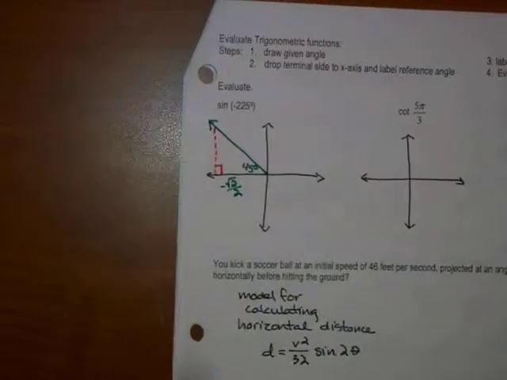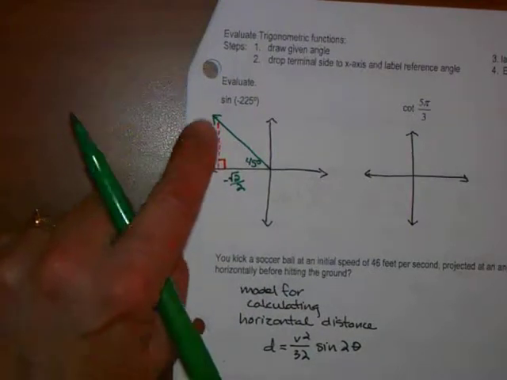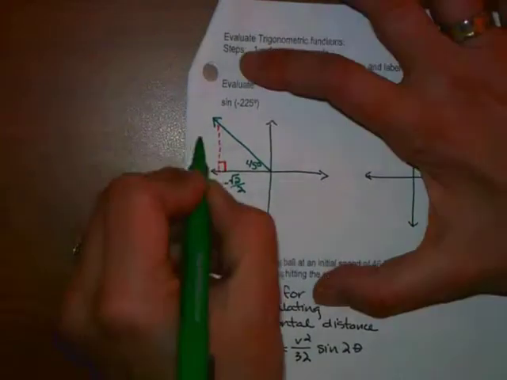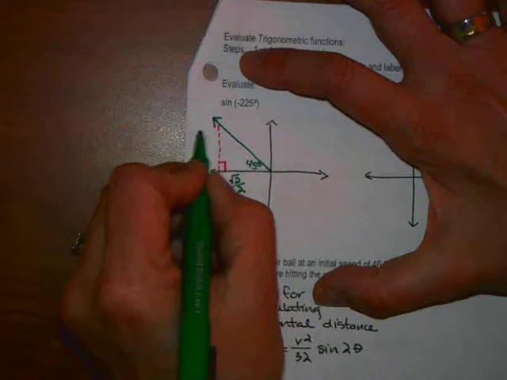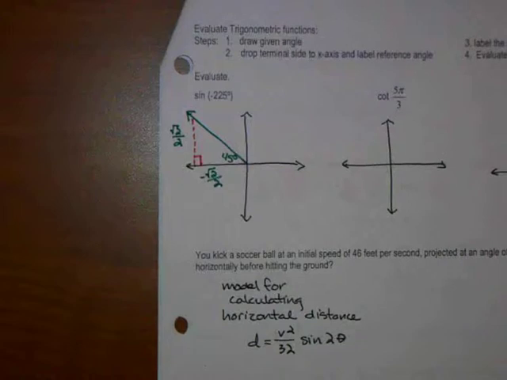If that's that length, then this is going to be what? Because it's isosceles, remember? This is going to be positive because we're going up. How do we get this distance? How do you know it's 1? We know it's 1 because the other one was square root of 2 over 2.